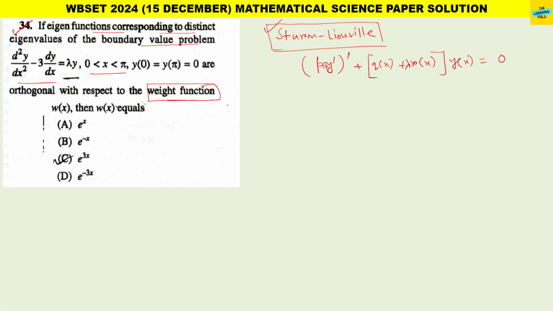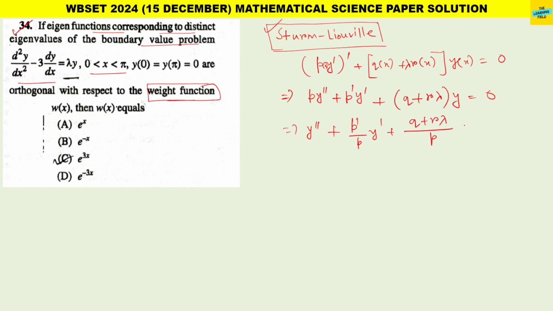This is the standard form of a Sturm-Liouville problem, or we can write this as p y'' plus p' y' plus (q plus r lambda) y equals 0, or y'' plus (p'/p) y' plus ((q plus r lambda)/p) y equals 0, and this r(x) is called the weight function.